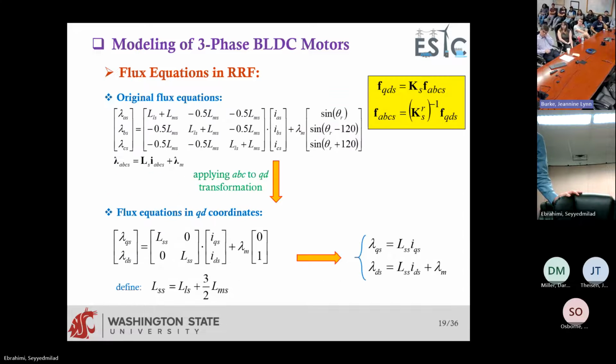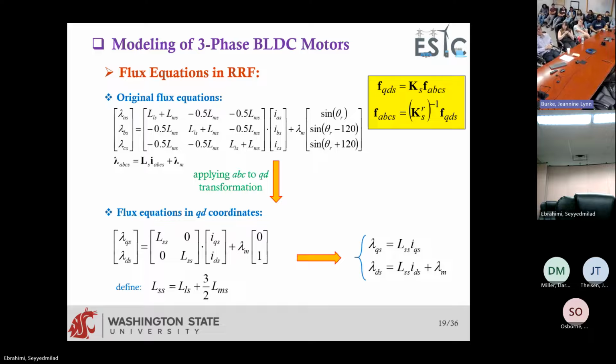So with this, you can also transform the equations of the flux from ABC to QD coordinates. If you do that, this matrix of inductance, simply, if we have lambda A, lambda B, and lambda C for three phases, I'll have lambda Q and lambda D, and they become like LS, which is defined as a function of this, multiplied by IQ.